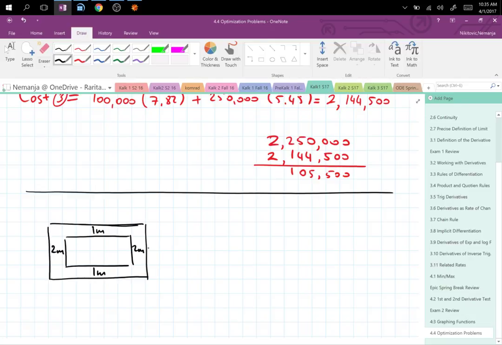What dimensions of the garden minimize the combined area of the garden and borders? So you have set 30 meters squared here, but you want to minimize, if I call this x and this y, x times y, which is the area of the whole thing.